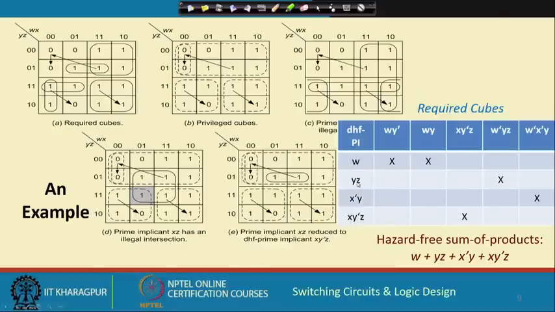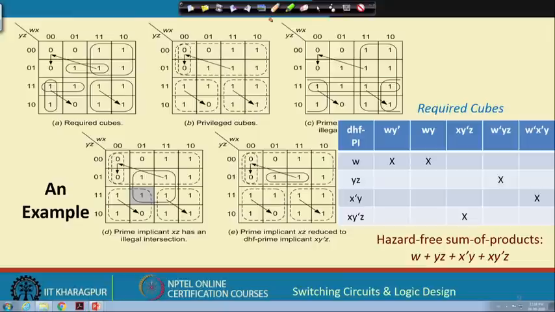So, all these product terms: W, you see this large one was W, then Y Z was this one, X bar Y was this one, and finally X Y bar Z, which is the one you have added separately, this one.